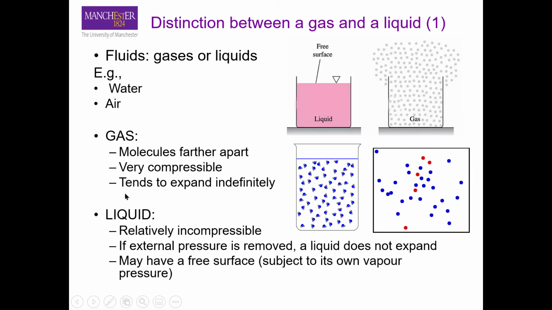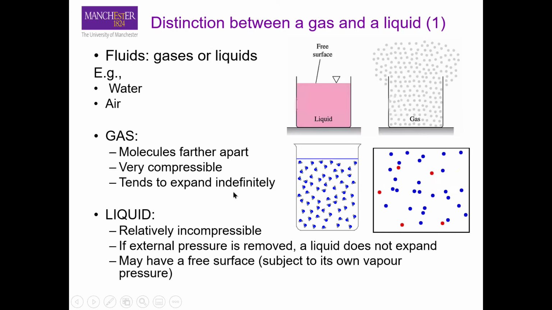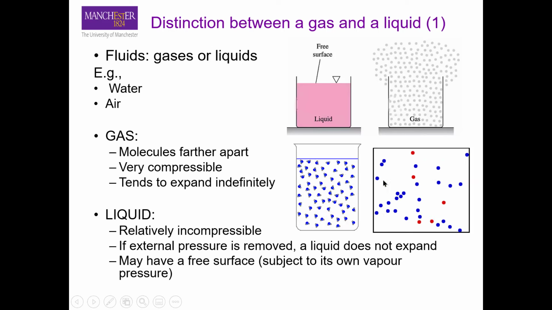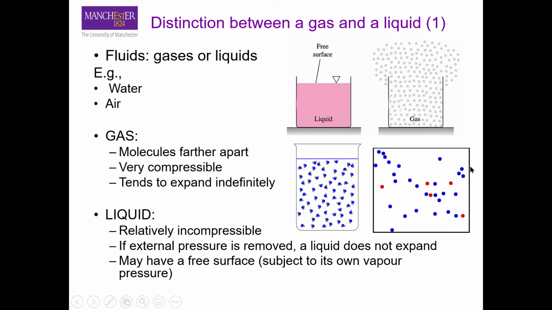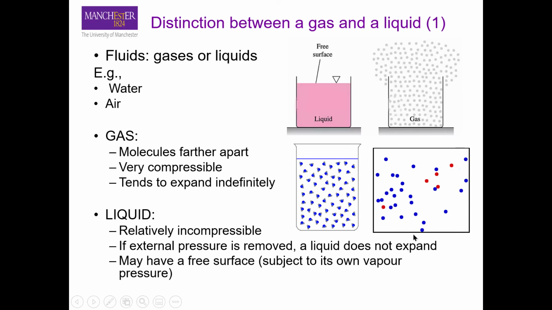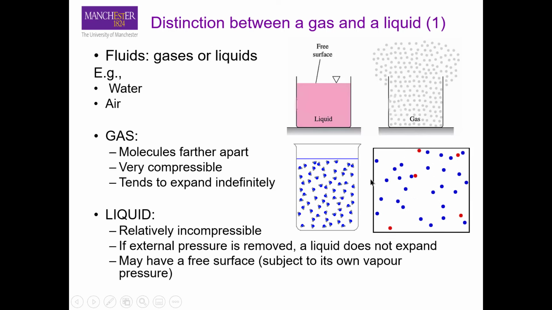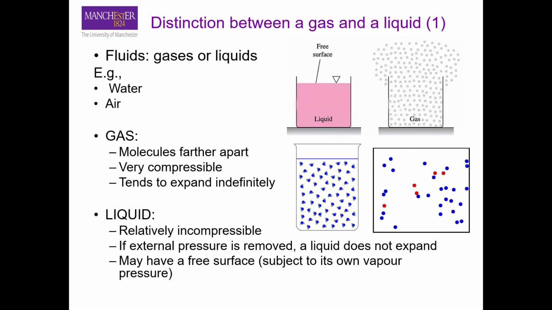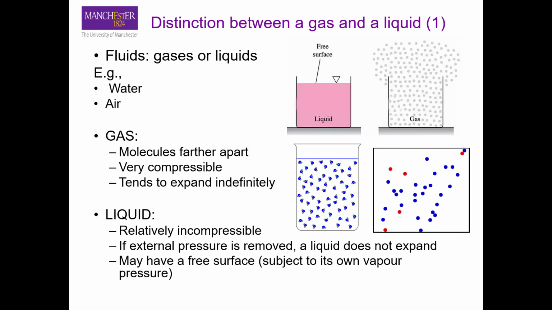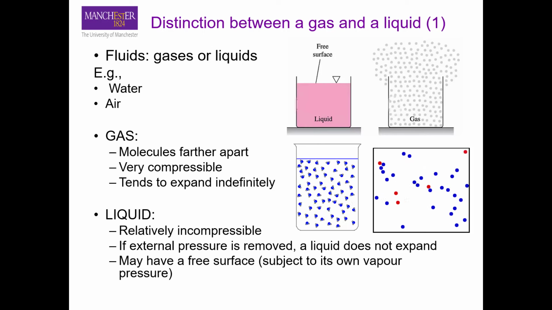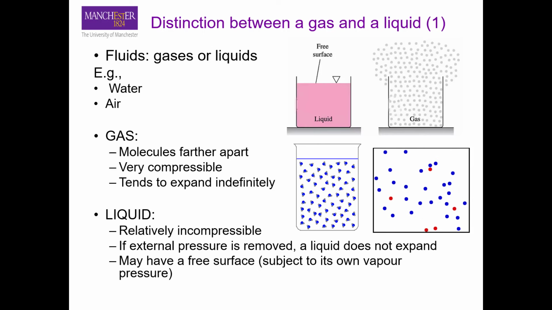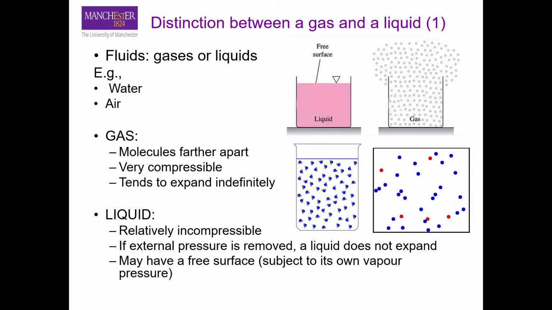Gas molecules tend to expand indefinitely, which means they always fill the volume of the container. If you put them in a small container, they will take the volume of the container, but if you put the same amount of gas molecules in a larger container, they will occupy the volume of the larger container, as you can see here.